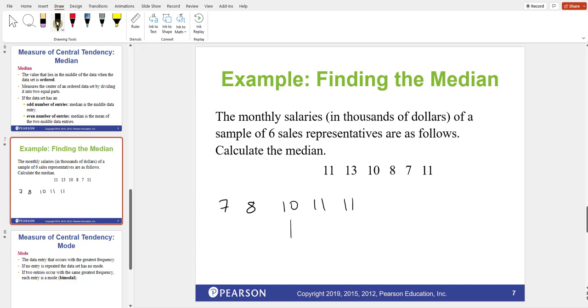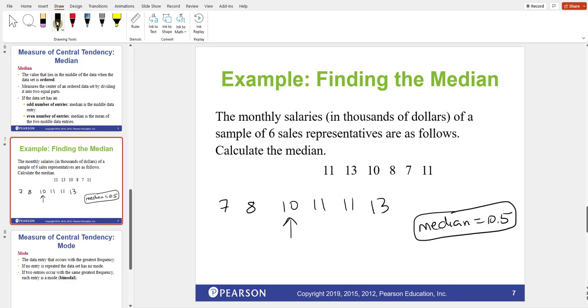So the median will be the number exactly in the middle. In this case, it's 10. But when we had the 13 in there, the median was 10.5, and we had to take the mean of the middle two numbers. So this is the actual answer for the data set I have up there.